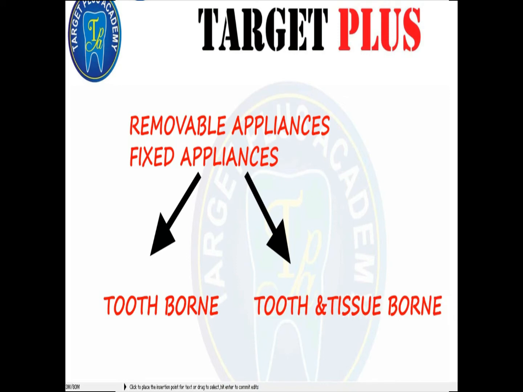A removable type of maxillary appliance consists of a split acrylic plate with a midline screw. The disadvantages of removable rapid expansion appliances are patient cooperation and difficulty in retaining the plate inside the mouth.